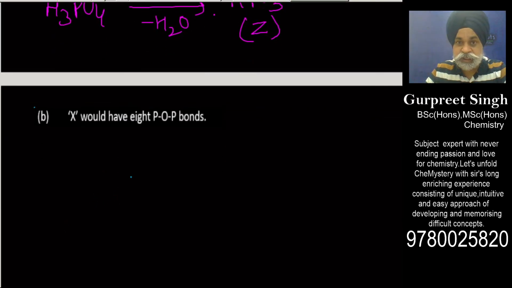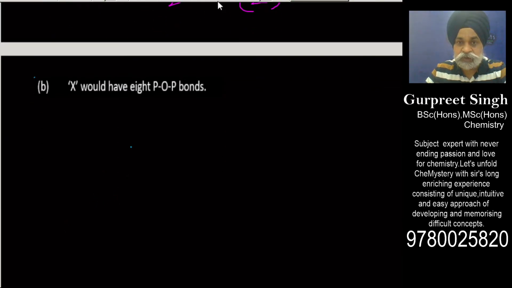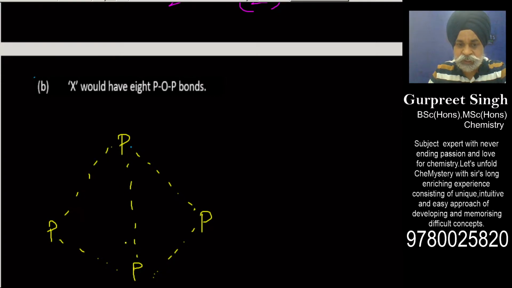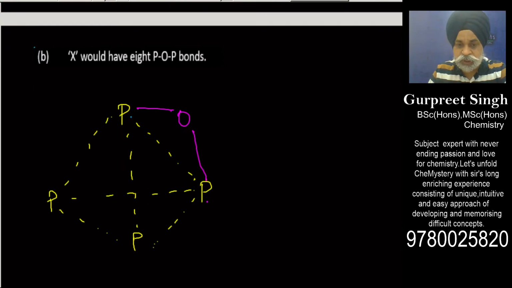Now if I draw its structure, the 4 phosphorus are at the corners of a tetrahedron. These dotted lines are not actually the bonds; I am showing you the sort of tetrahedron we have generated. The phosphorus atoms are present at the corners of a tetrahedron, and these are joined through POP bonds.